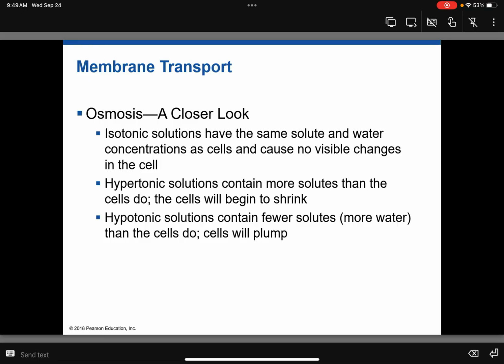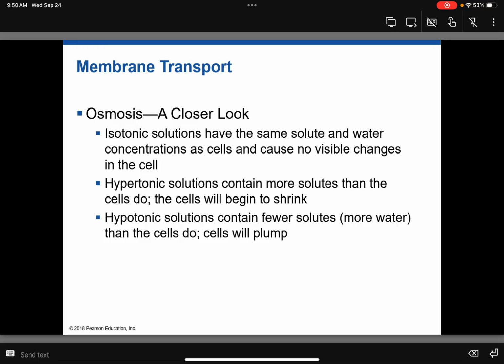So if you think about this in terms of hypertonic, hyper means what? Like when you guys drink too much pop, you get hyper, right? Maybe, possibly. Okay, too much pop, too much sugar. Hypertonic, so it contains more solutes, contains lots of sugar. You get hyper, there's too much, okay? Versus hypotonic. So hypertonic and hypotonic are opposites of each other.